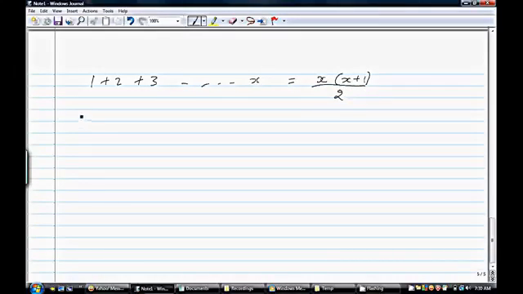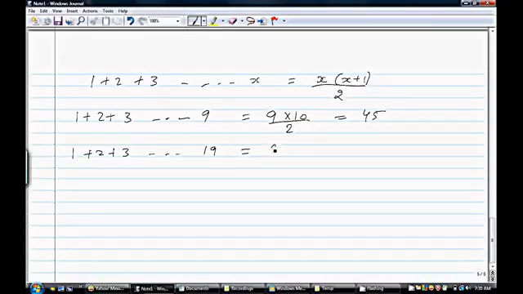For example, for 1 plus 2 plus 3 up to 9, all I have to do is multiply 9 by 10 and divide by 2. So that will be 45. Similarly, 1 plus 2 plus 3 up to 19: I have to do 19 into 20 divided by 2.